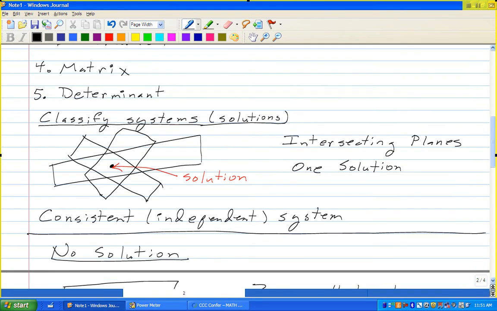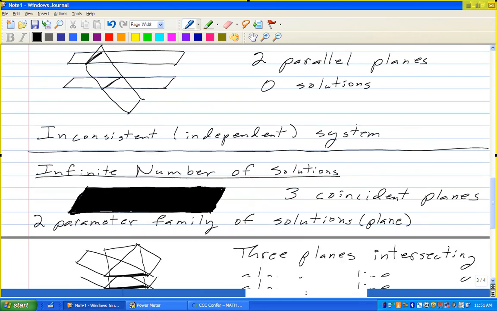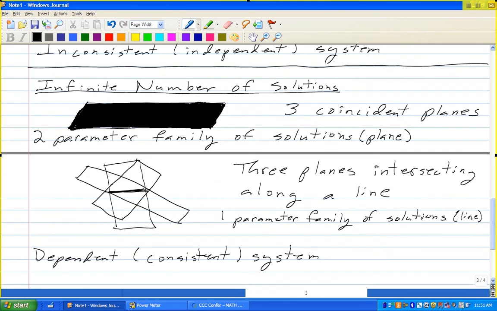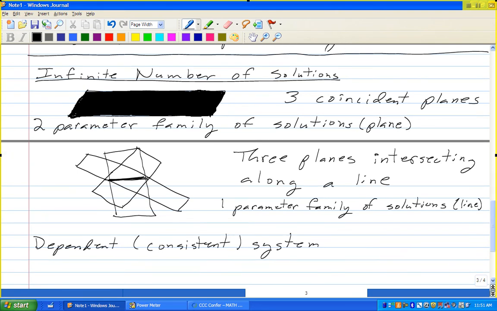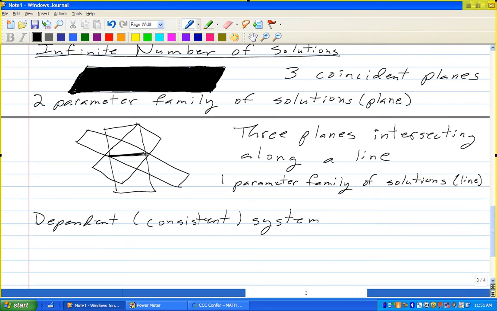We can have one solution, the case of intersecting planes, or we can have an infinite number of solutions, the case where some coincidence occurs, where either you have coincident planes or they intersect along, say, some sort of subspace, along a line.